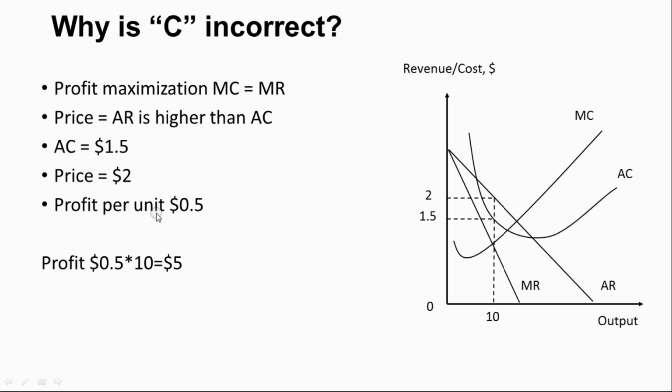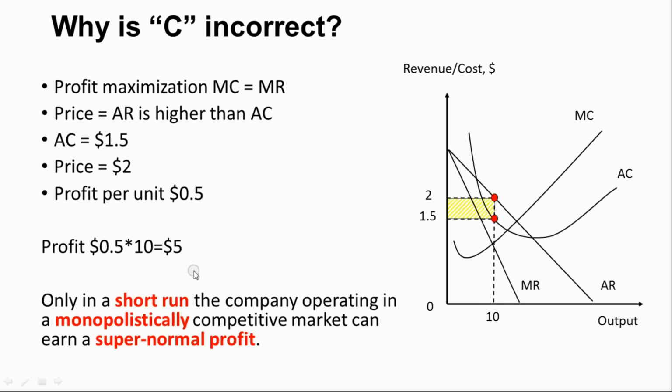Therefore, profit per unit will be 0.5. If we produce 10 units, the profit will be $5. This is how it looks. Only in the short run can a company operating in a monopolistically competitive market earn a supernormal profit. Here we talk about supernormal profit because average revenue, our demand, is not a horizontal line.